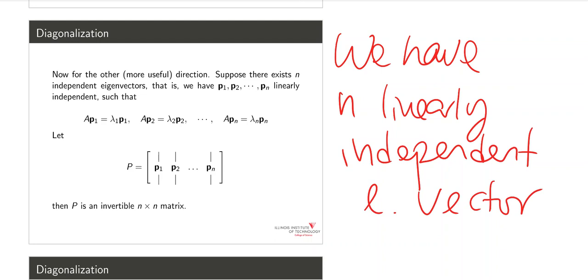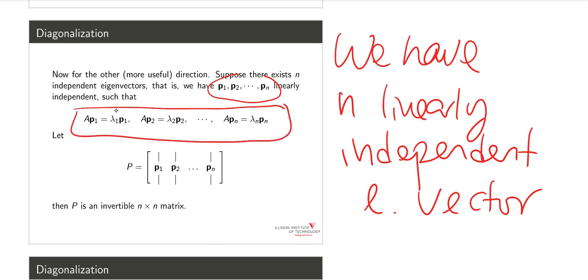Because we are assuming that we have all these eigenvectors, and every eigenvector has a corresponding eigenvalue, for simplicity of notation, let's call the eigenvalue for eigenvector P1 lambda 1. Let's call this eigenvector P2, and this eigenvalue is lambda 2, and so on and so forth.